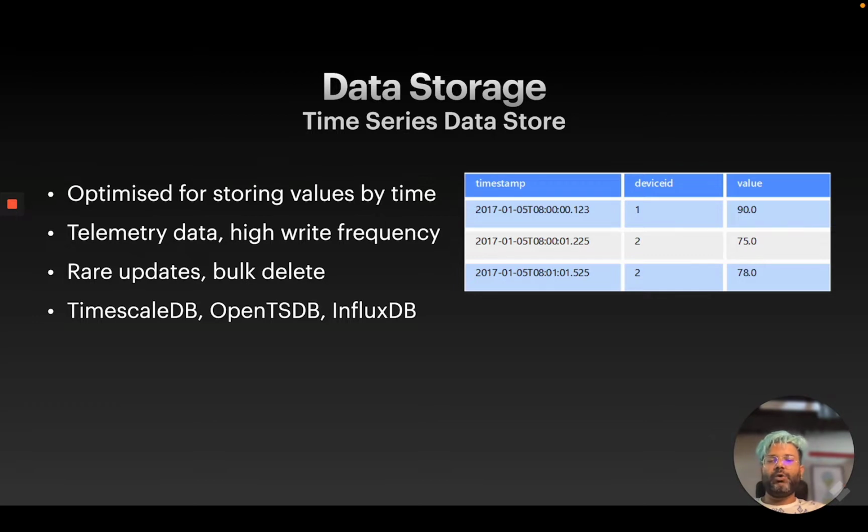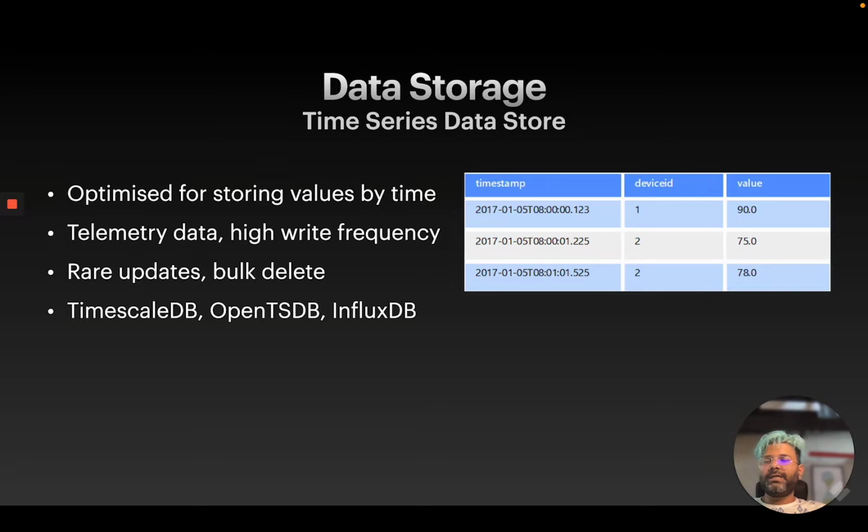You wouldn't really go and remove one particular timestamp value from that sensor. And similarly, in other cases, you can think of this as the metrics that are shown for, let's say, the compute resources that you are using in a virtual machine. Those metrics are also telemetry data and can be stored very efficiently in a time series data store.